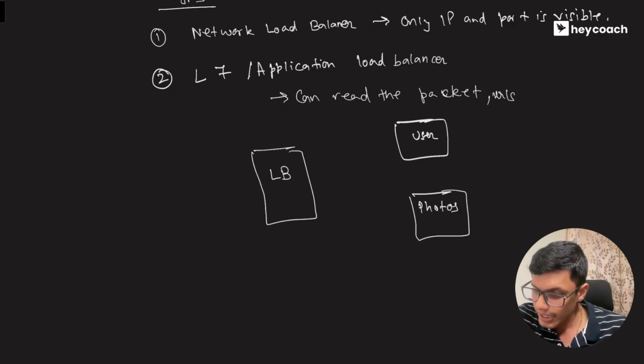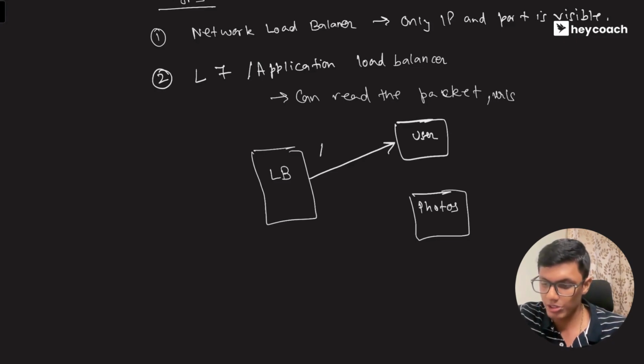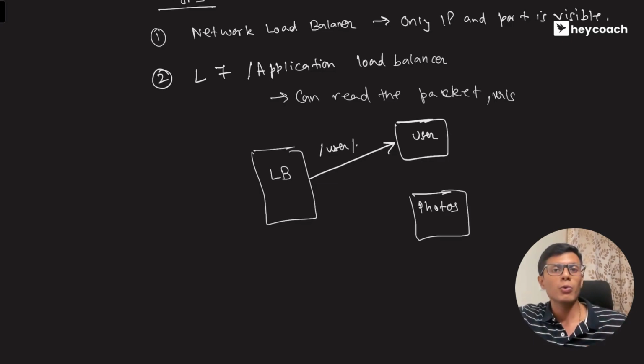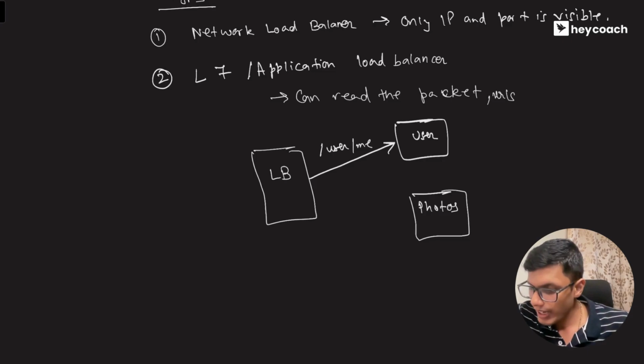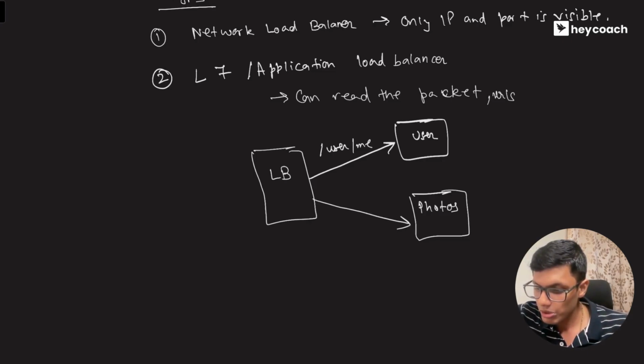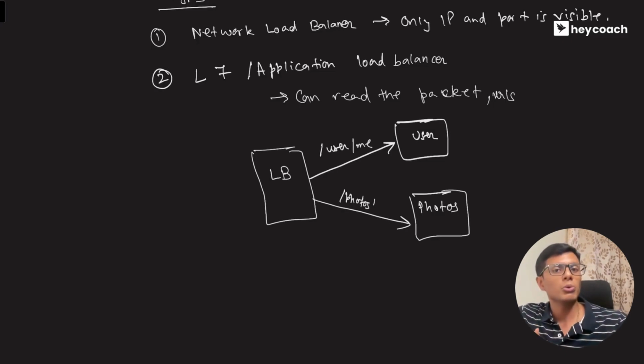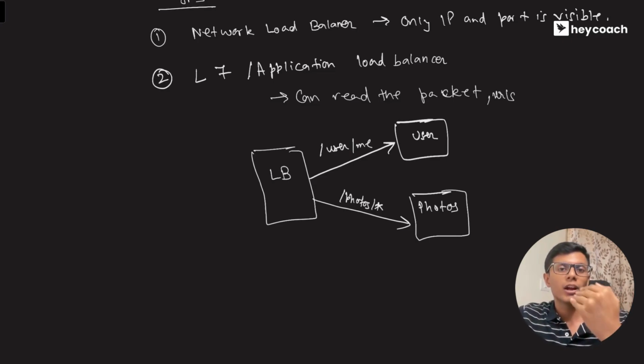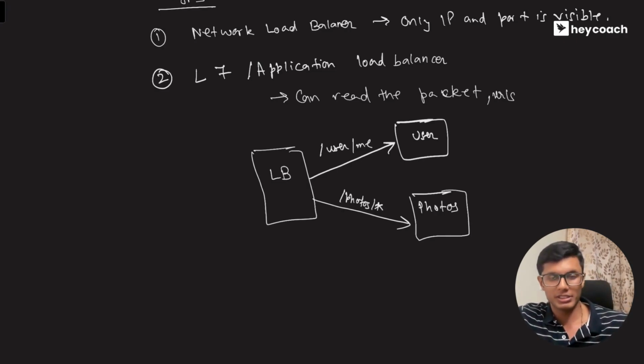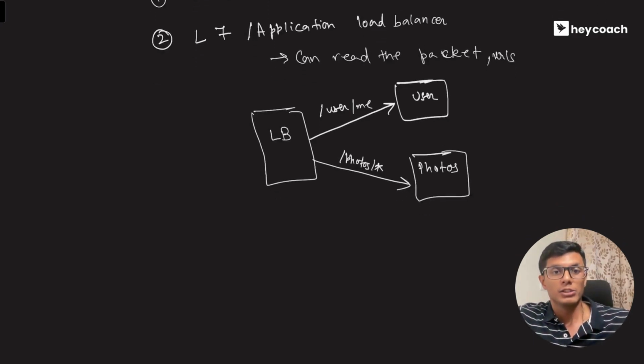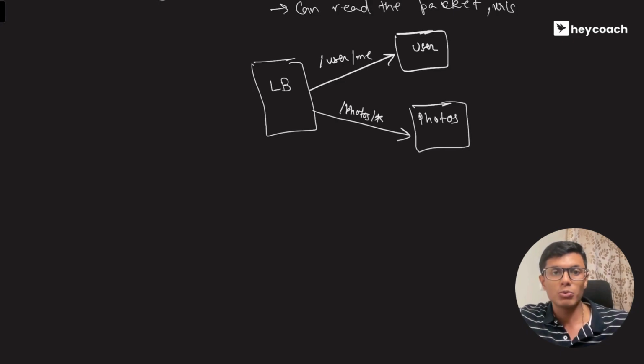It can say that if you are trying to search for /users/me, so let's say you want to open your profile, then it would redirect the traffic for all these endpoints to the user service, while anything which is /photos, maybe /star, goes to the photo service. So based on what the URL is for the request, it can route the traffic to the servers which actually host those endpoints. Okay, so these are the two high level forms of load balancers.